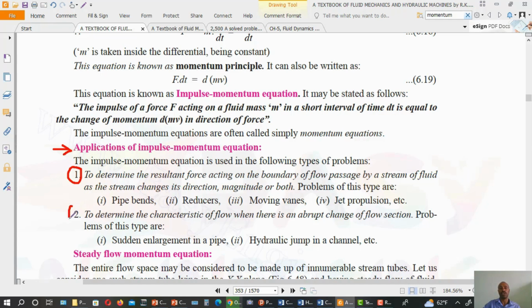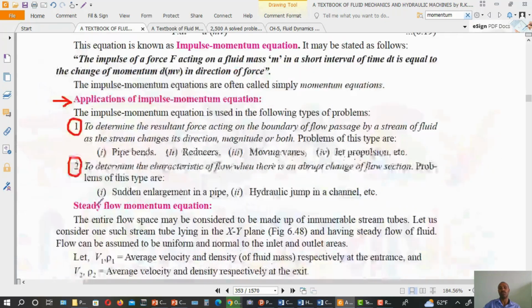The second application is to determine the characteristics of flow when there is an abrupt change in flow section, which is the cross-section of the channel or pipe or conduit, etc. Problems of this type: sudden enlargement of a pipe, hydraulic jump in a channel. These are the major applications of impulse momentum.